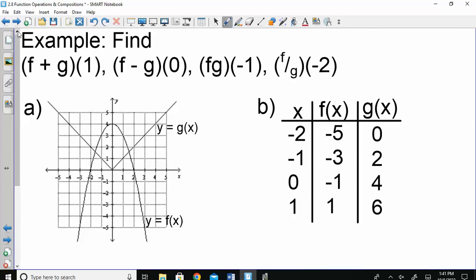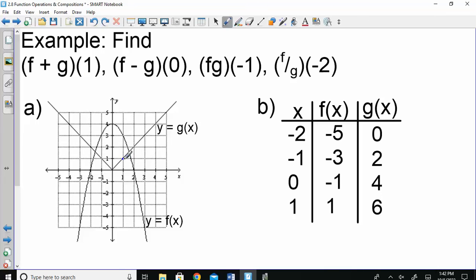Let's practice evaluating functions if I don't give you an equation. I'm going to give you a couple different representations. So the first one, I have an upside down parabola and an absolute value function here. So if I want f plus g of 1, 1 is my x.